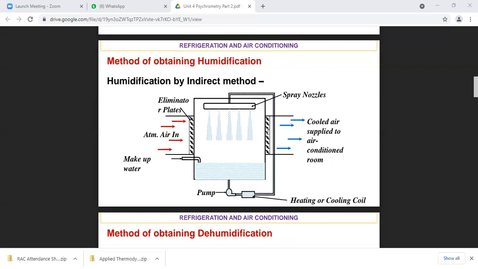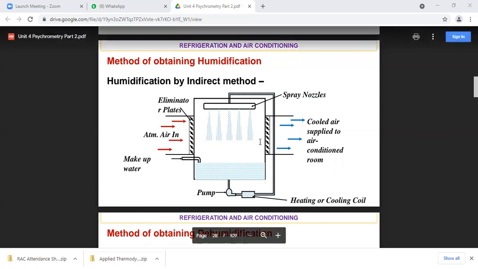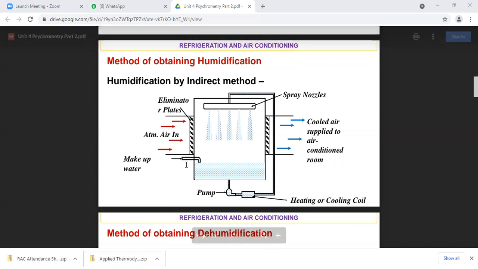The excessive moisture content and impurities present in the air are removed, and cooled air is supplied to the room which is to be air conditioned. This is the path of the air and how water is sprayed into it. This is the second path, makeup water. When the water level drops here, makeup water is added.